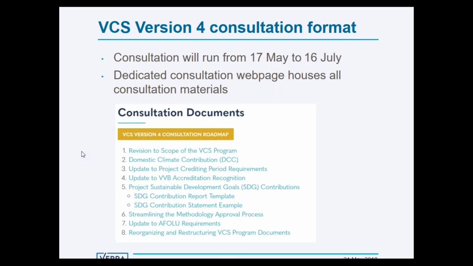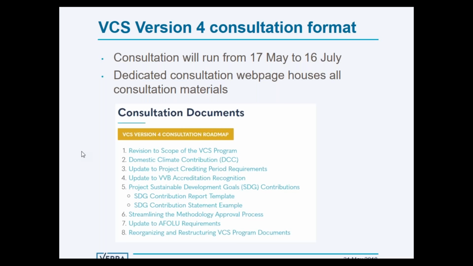Instead, what we've put forward is 8 concrete proposals, which are housed in separate consultation documents, each addressing a different topic that will ultimately be the primary updates and revisions that we would envision making to the VCS program documentation, and which would form the basis for what VCS version 4 is going to look like.